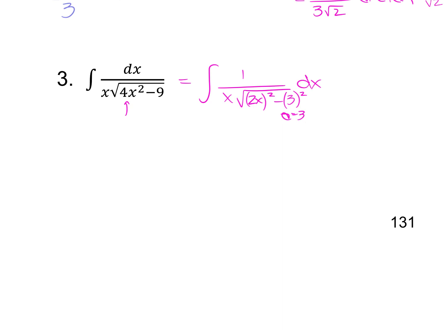So then I'm going to do my u substitution using 2x for my u. So u is 2x. Therefore, du is 2 dx. And dx is equal to du over 2. Let's see what happens when we substitute that. So now I have the integral of 1 over x, square root of what?